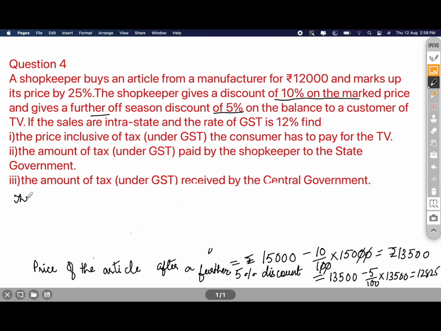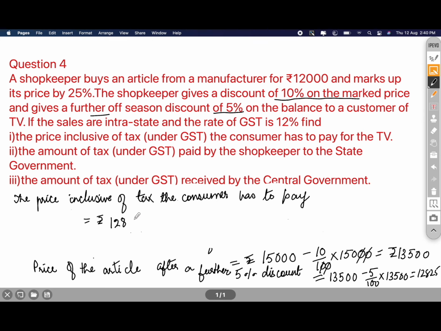So the price inclusive of tax the consumer has to pay equals rupees 12,825 plus CGST, that will be 6% of 12,825, plus SGST, which will be of same amount.